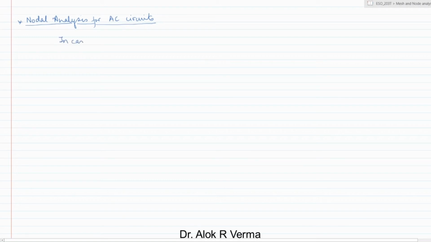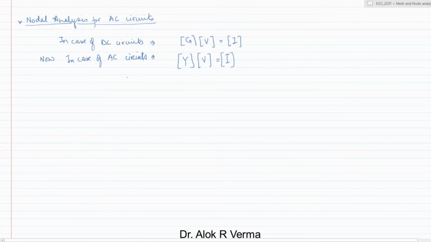So in case of DC circuits, we have the matrix representation of G into V is nothing but the source current I. Now in case of AC circuits, we convert it into the following form: Y into V equals I, where Y is nothing but the node admittance matrix, and this is nothing but 1 by Z.